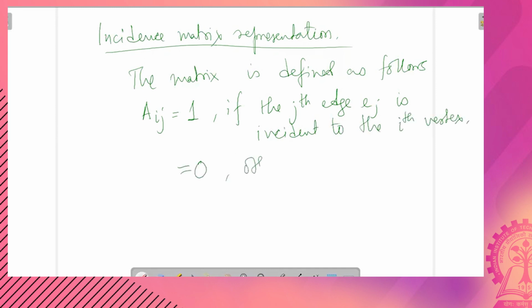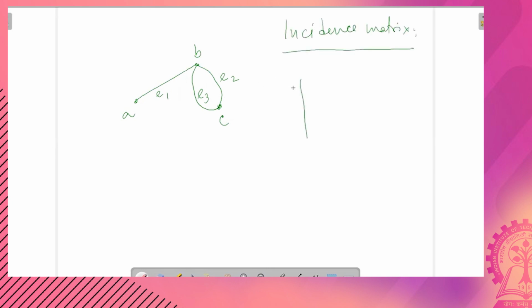Otherwise, it is 0. So let's take an example and understand. Let us say we have a graph like this. Note that the edges are also labeled alongside the nodes. Now the incidence matrix for this particular example graph is written as follows.